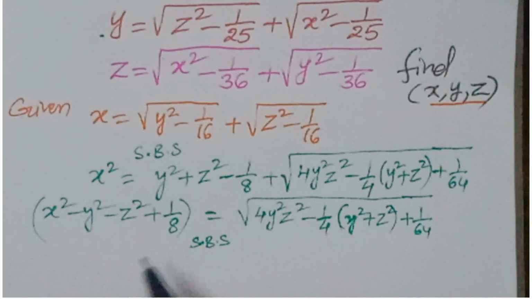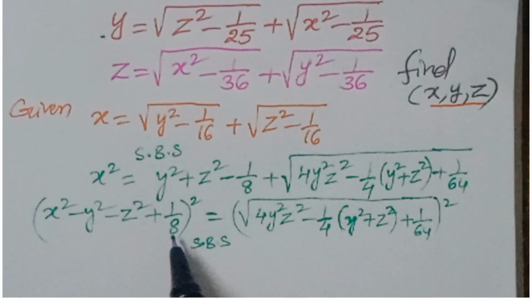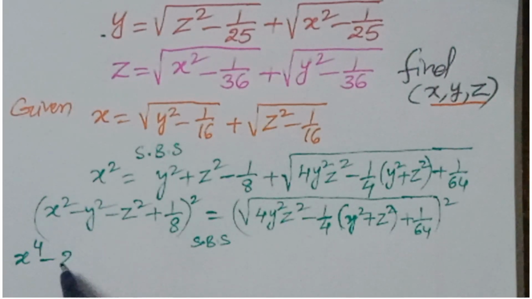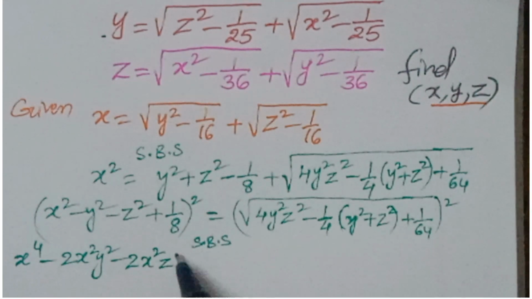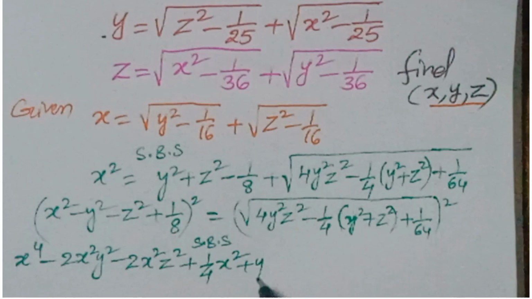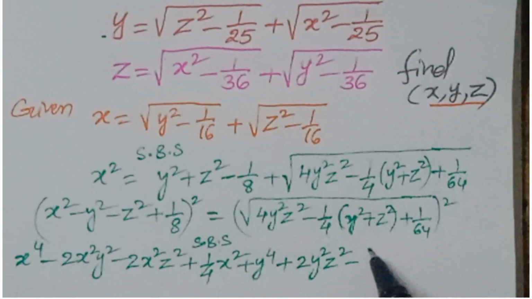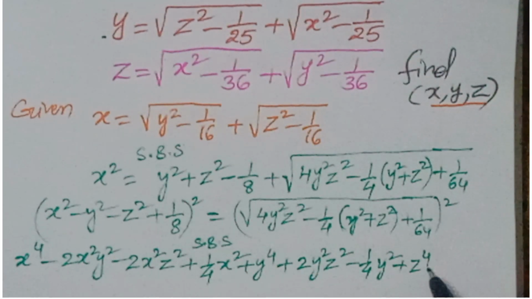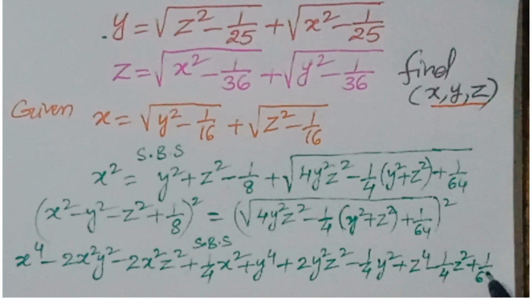So here you will get a whole square. Here a plus b plus c plus d whole square: x to the power of 4 minus 2x square y square minus 2x square z square plus 1 by 4 x square plus y to the power of 4 plus 2y square z square minus 1 by 4 y square plus z to the power of 4 minus 1 by 4 z square plus 1 by 64.